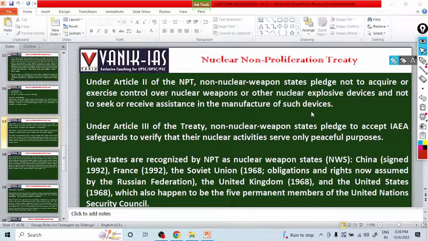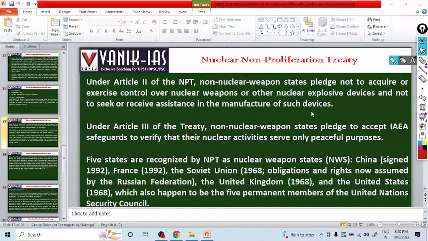Under Article 3 of the treaty, non-nuclear weapon states pledge to accept IAEA, International Atomic Energy Agency, safeguards to verify that their nuclear activity serves only peaceful purposes.